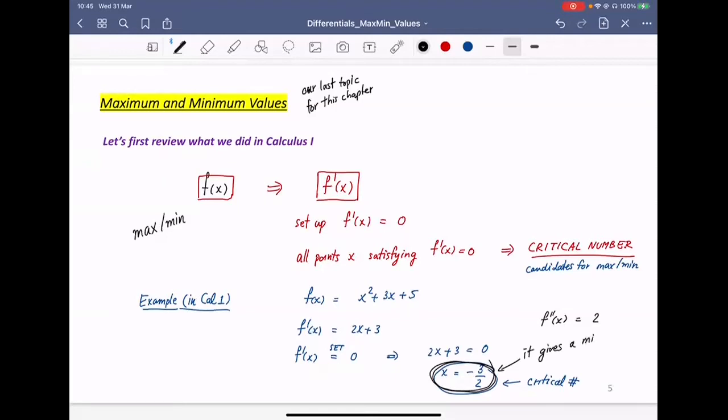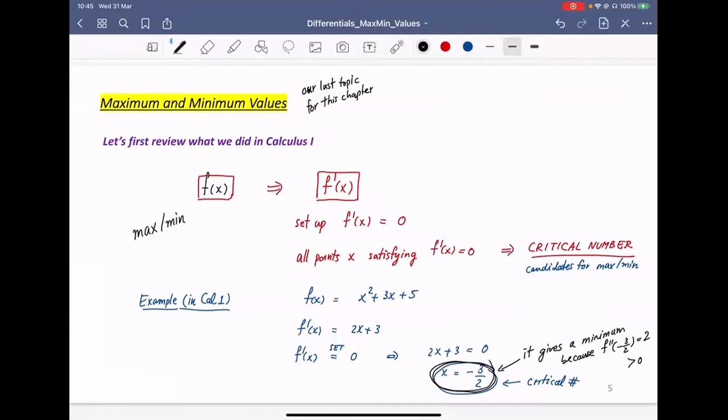You compute f double prime at negative 3 over 2 and you get 2, which is bigger than 0. So that is the critical number that gives you a minimum.